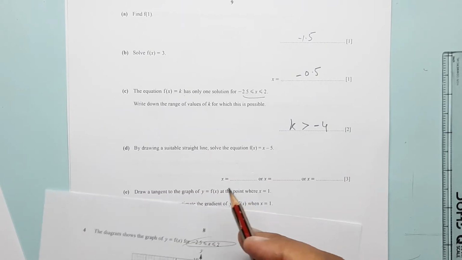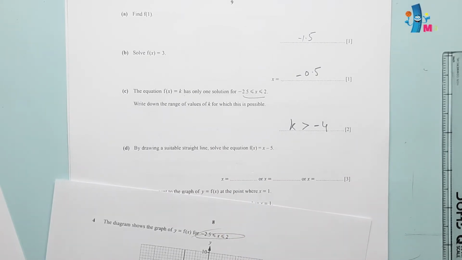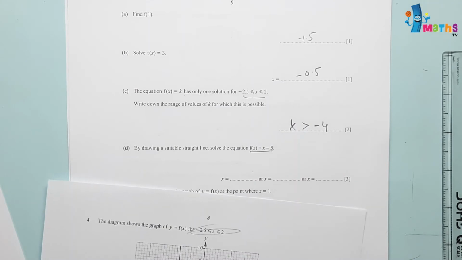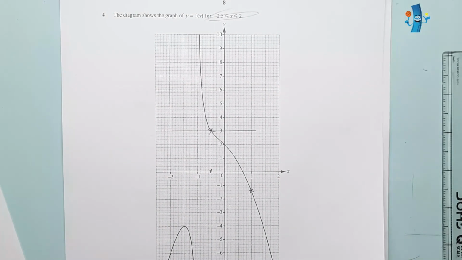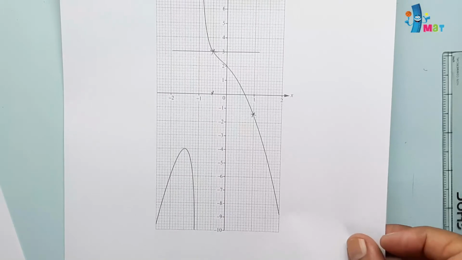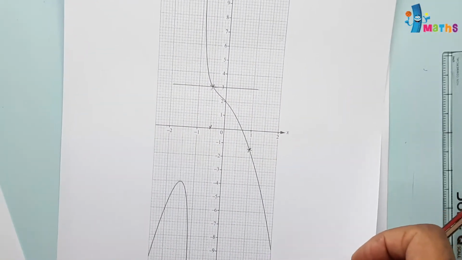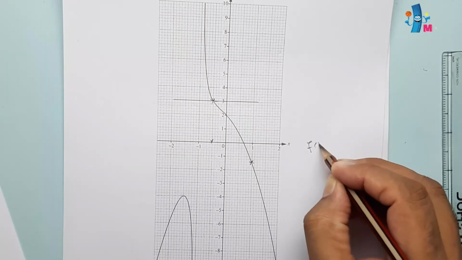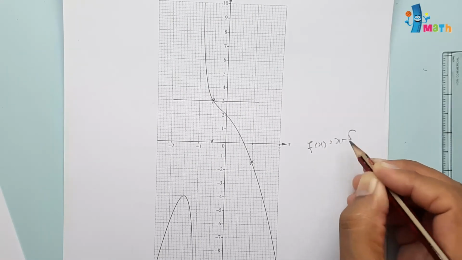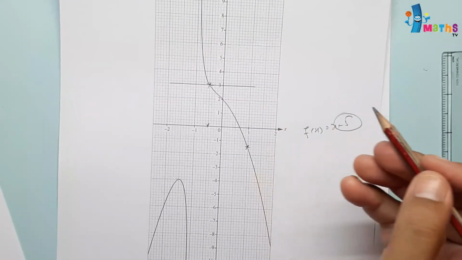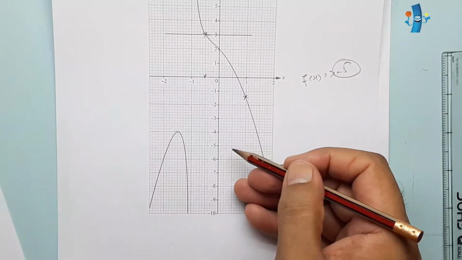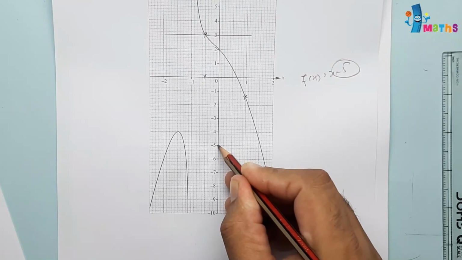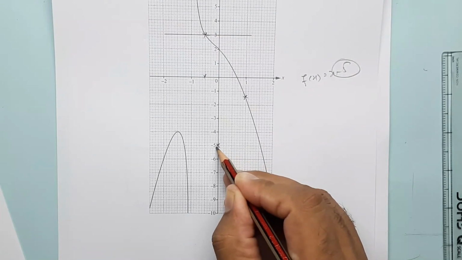D part, by drawing a suitable straight line, solve the equation f of x is equal to x minus 5. So the line y is equal to x minus 5 we will be drawing. Minus 5 is the y-intercept, so the line is passing through this minus 5 point.